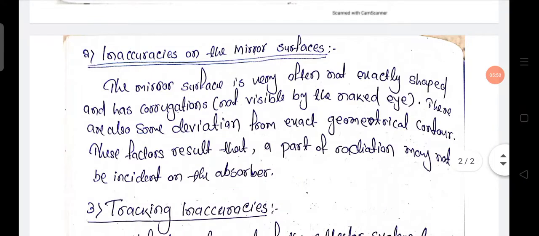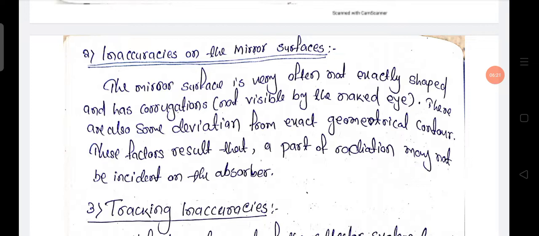Next one is inaccuracies in the mirror surface. The mirror surface is very often not exactly shaped and has corrugation, which is not visible to the naked eye.